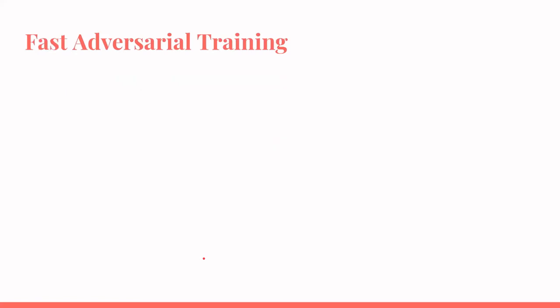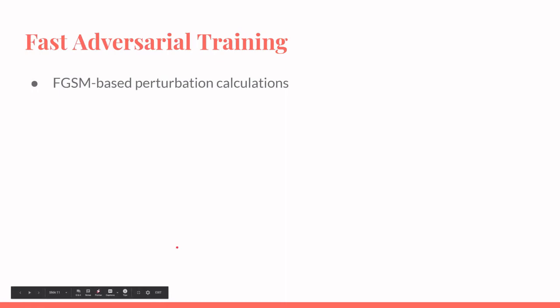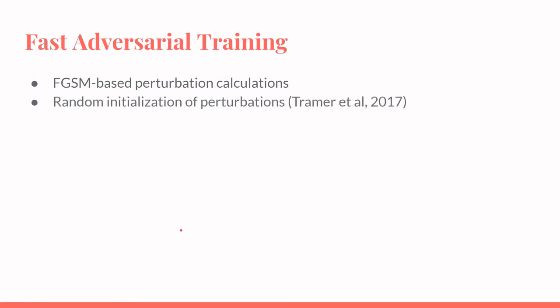Now, fast adversarial training is what was invented in this paper, and fast adversarial training is also FGSM based, but what makes it a little bit different is that it incorporates the random initialization of perturbations.